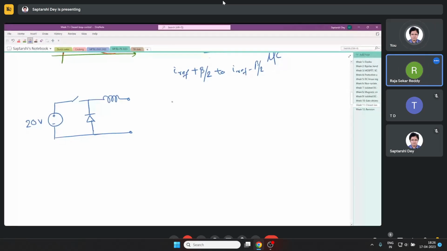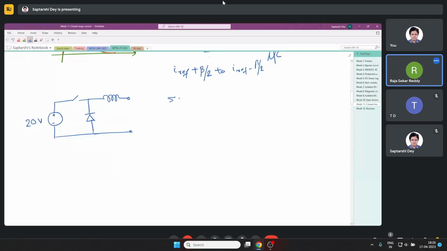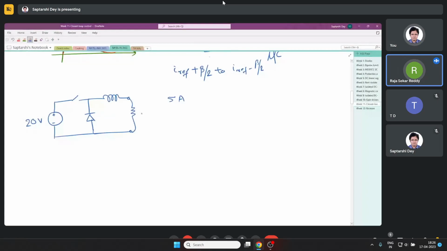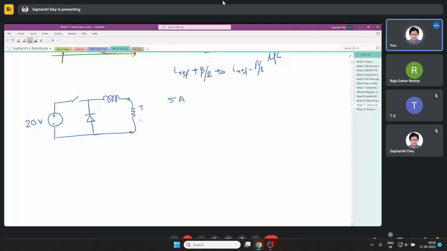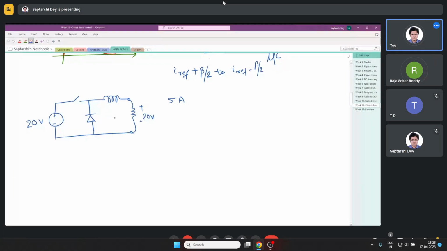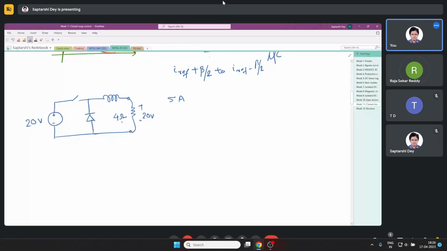Whatever might happen to the load, I want a 5 ampere output, right? Now you see, the maximum output that I can have is, ideally speaking, 20 volt. So 4 ohm, right? So this is the maximum load that this can support within its limit.